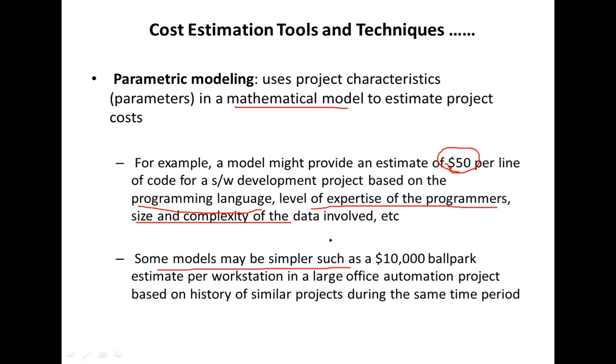After that, you get the sum of the workstation costs. If you have 3 workstations, you get ballpark measurements of each workstation by looking at a benchmark from your previous data. And then you add them up, so adding all the parts is actually the mathematical model. Okay.